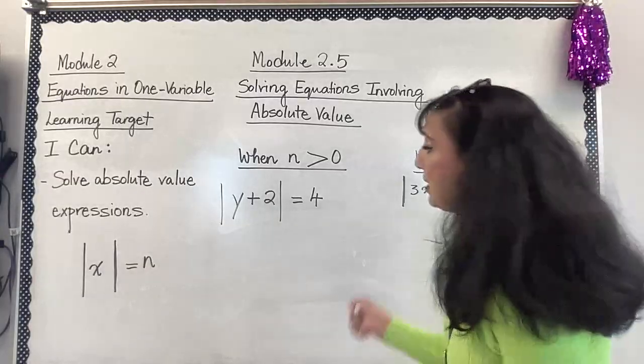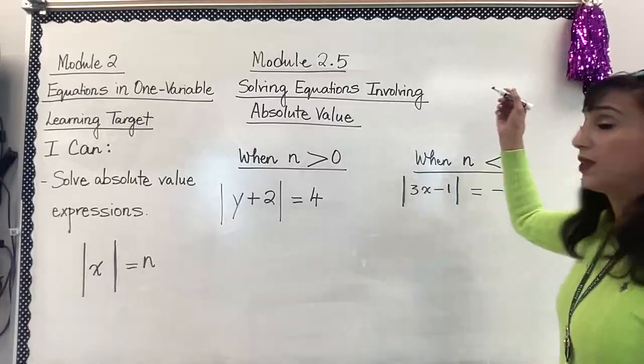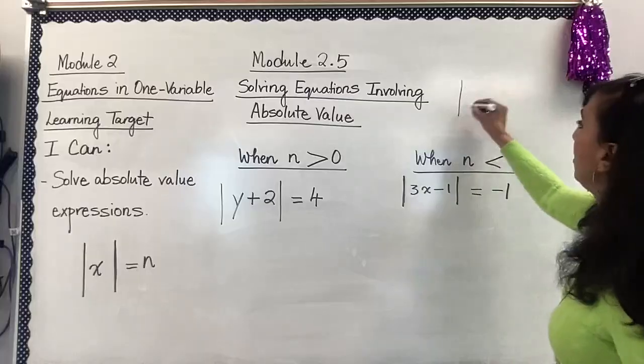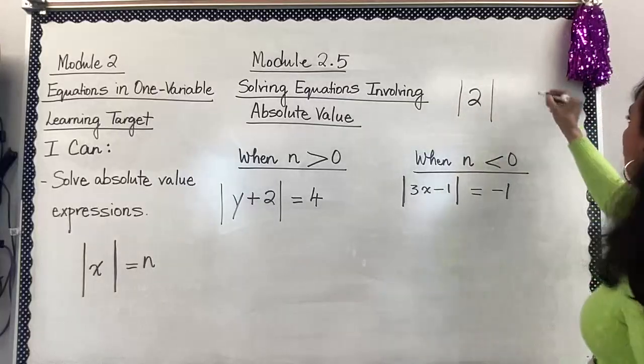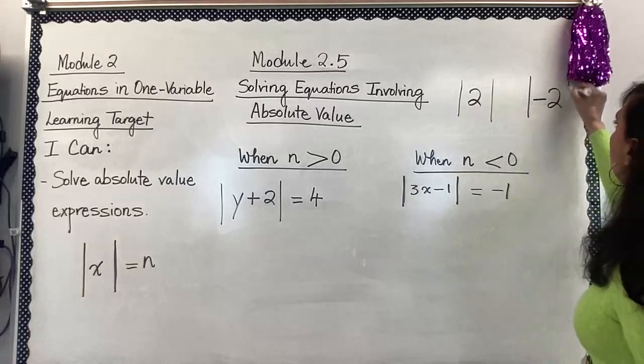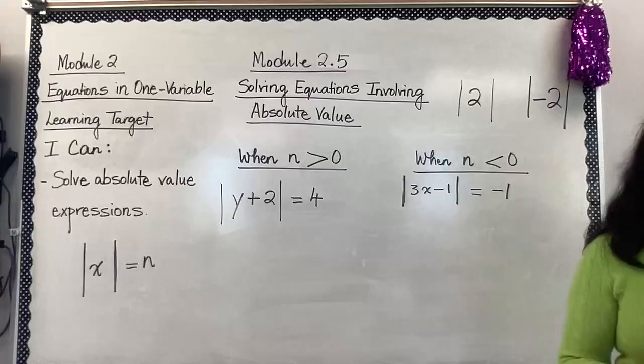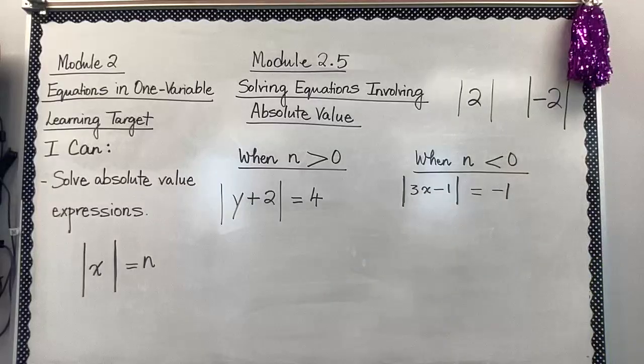So as I said earlier, we can have 2, and we can also have negative 2. These are the two cases that we can have inside the absolute value symbol.